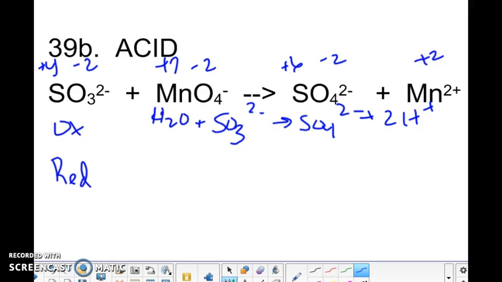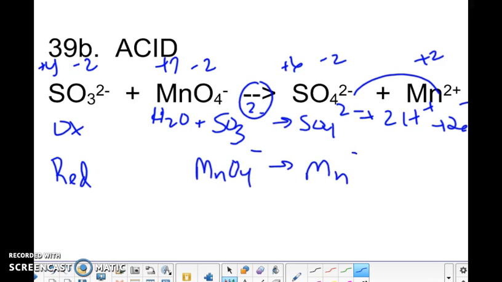Which side is more positive? Well, right now this is minus 2. Right now this is 0 between those 2. So I still have to add 2 more electrons over here. Okay. My reduction is permanganate. I hope by now you're kind of familiar with permanganate being reduced. I have to add 4 waters over here.